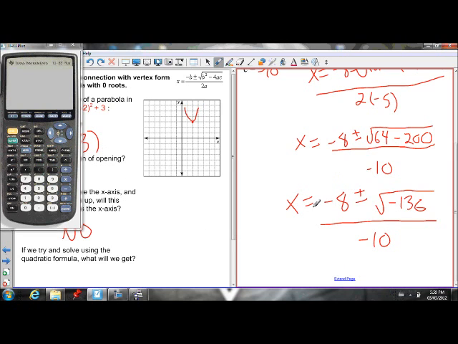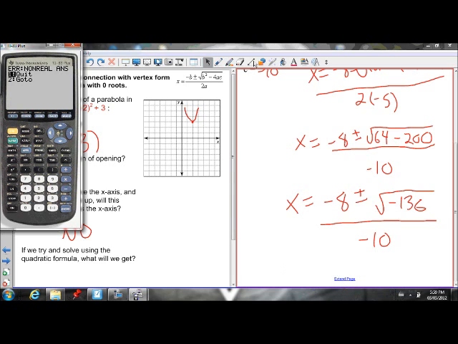If we try to use our calculator to get approximate roots, before I put all this in, what's the value of the square root of -136? I've never seen a negative under a square root, so I don't know what's going to happen here. Square root of -136. Let's see. Error. There's no real answer for that.